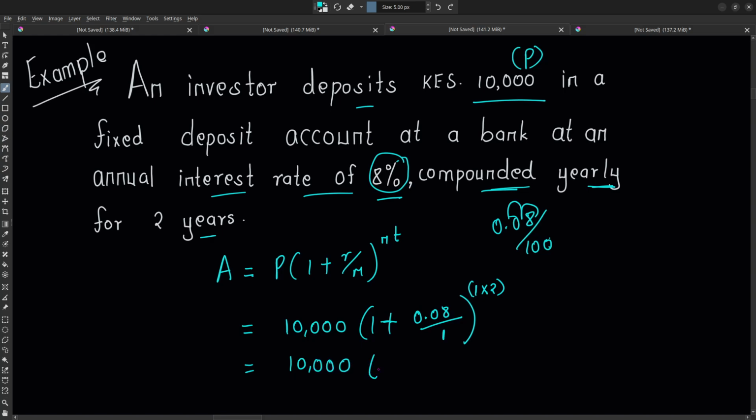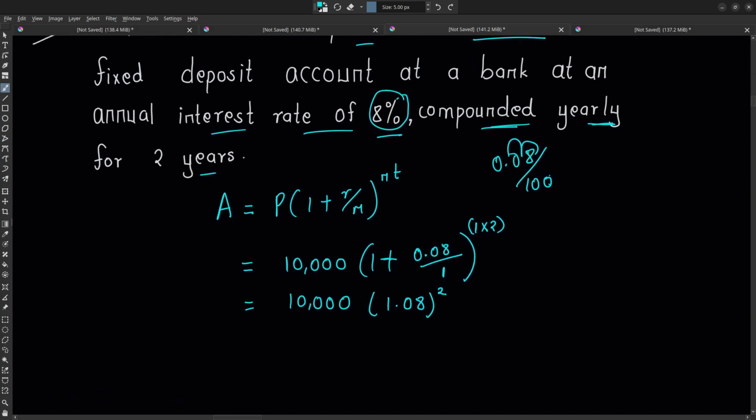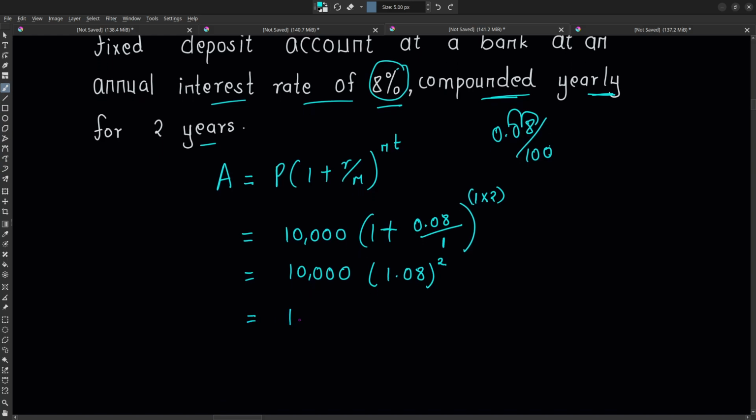So this is basically 10,000 times (1 + 0.08 divided by 1). 0.08 divided by 1 is 0.08, plus 1 is 1.08, then raised to power 2. So this is going to be 10,000 multiplied by 1.08 raised to power 2, which is basically 1.1664.